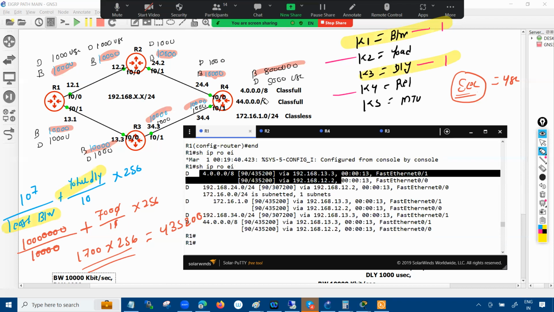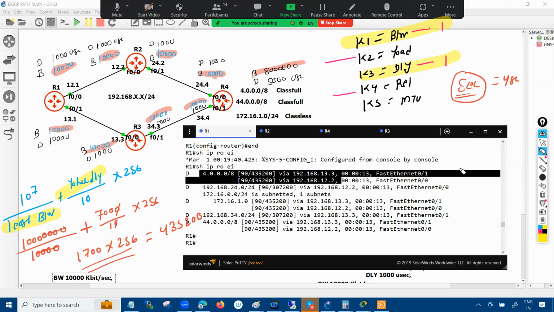If we are manipulating bandwidth or delay, the path will change. Again, I'm repeating, if we manipulate bandwidth or delay, the path will change. So bandwidth and delay play the major role in route selection, to perform the best path selection.